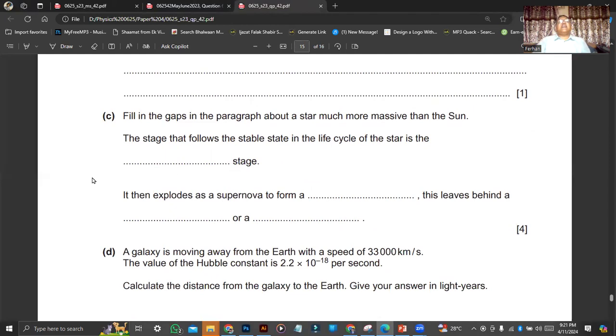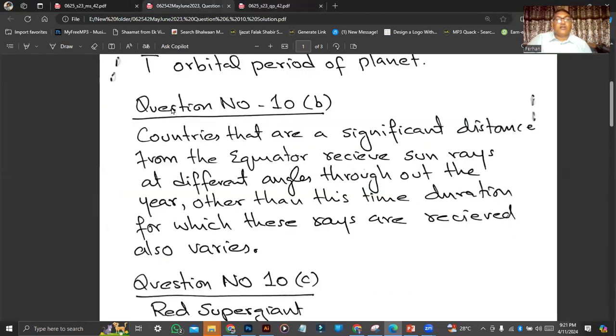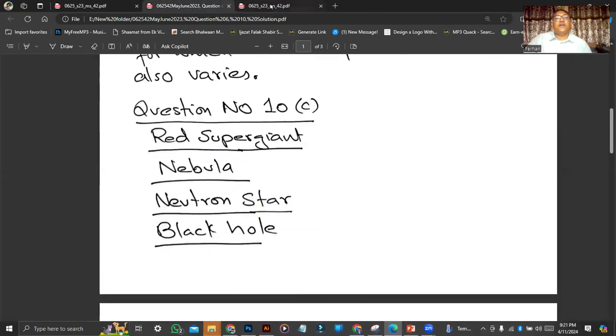Question number 10, C part. It says, fill in the gaps in the paragraph about a star much more massive than the sun. The stage that follows the stable state in the life cycle of a star is blank. So we are talking all about a massive star. The stage which comes after its stable state in the life cycle of a massive star is the red supergiant.